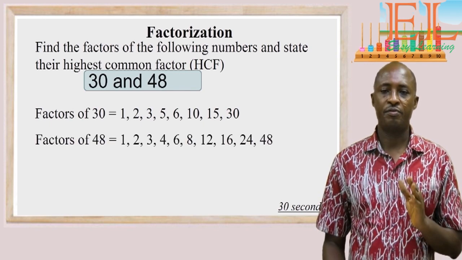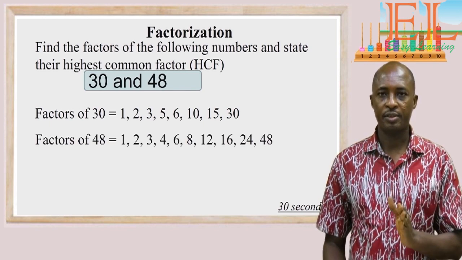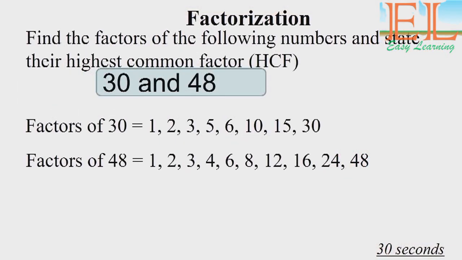And the factors of 48 are 1, 2, 3, 4, 6, 8, 12, 16, 24, and 48. Now, if I want the highest common factor, that means among these factors, which is the highest number that is in both the factors of 30 and 48? And your guess is as good as mine. 6.